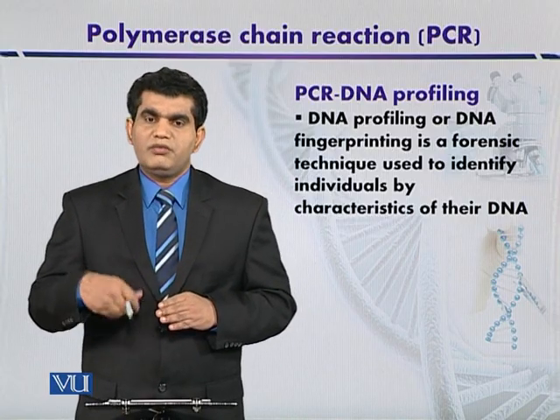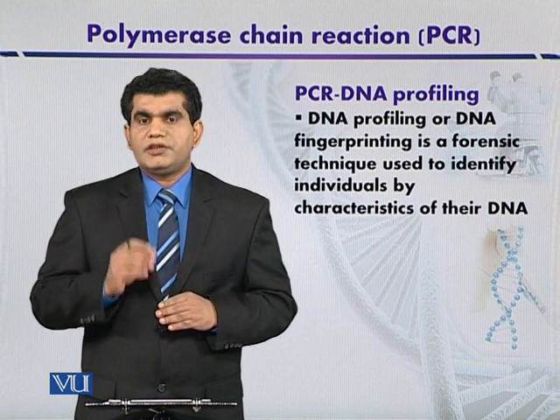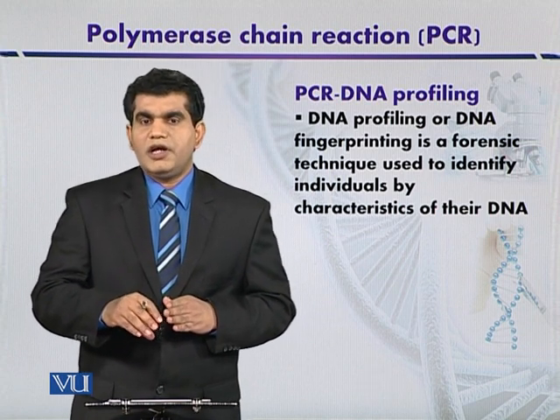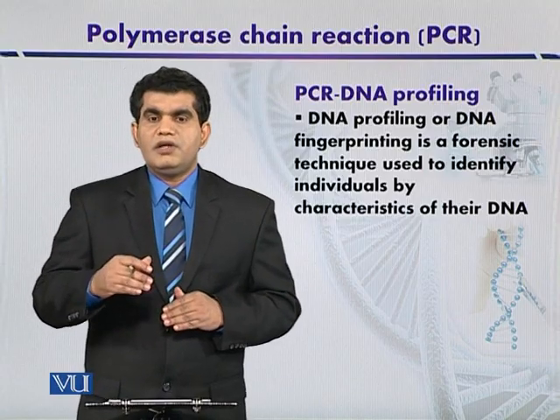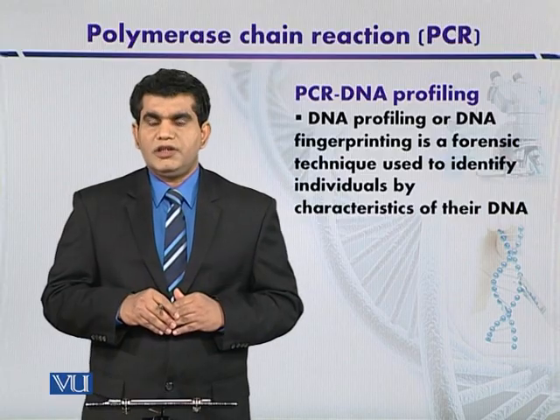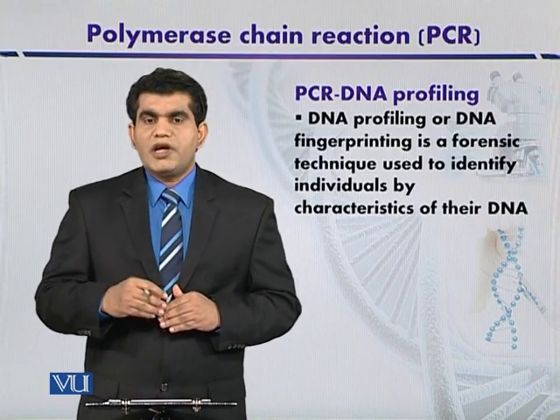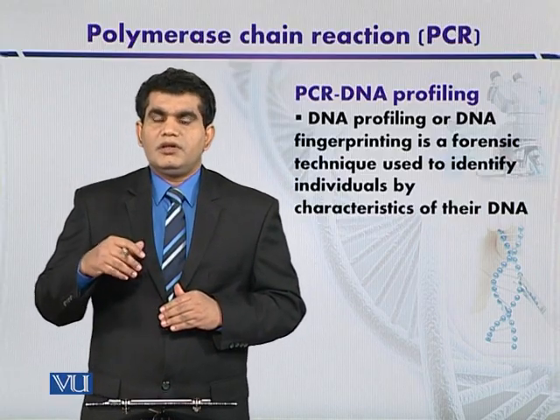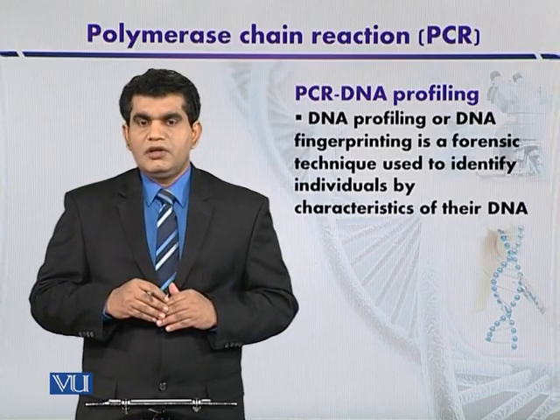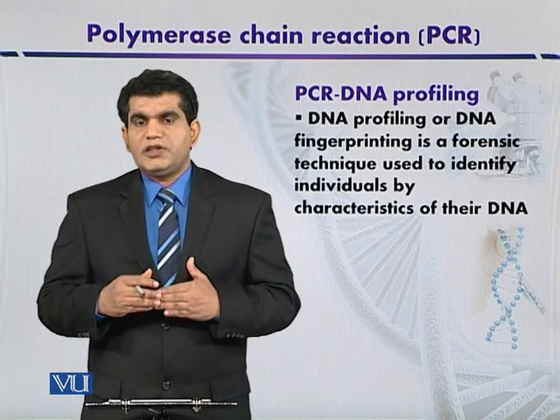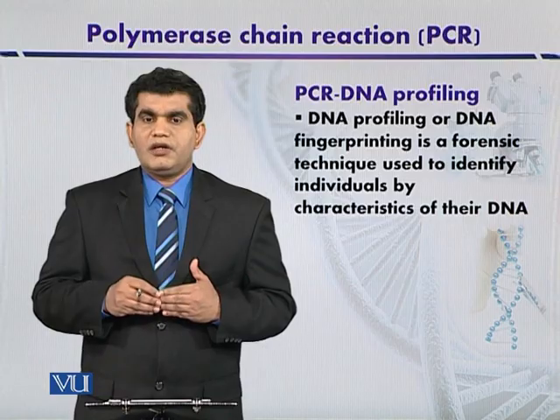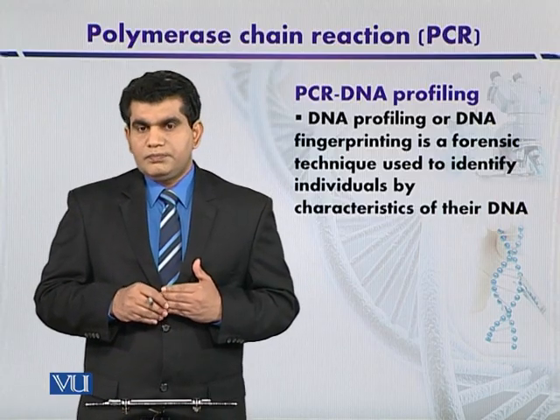When we digest the DNA from one individual and compare it with another individual, it will show slight variations in the banding pattern on the gel, so that we can relate a specific person with specific legal matters. And after separation on the gel, other procedures can also be used.